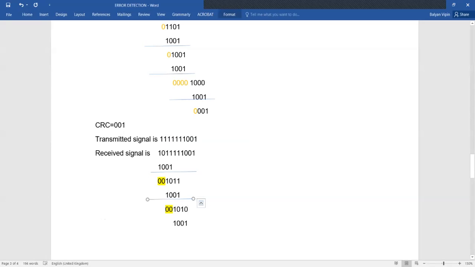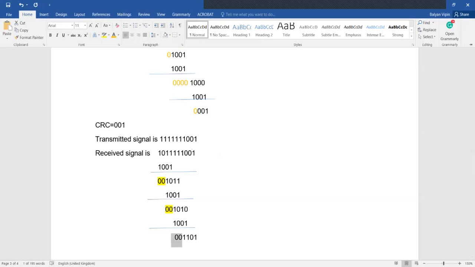So it's 1 0 1 0. So this is 0 0 1 and 1. We already took 1 0 from here, so what is left is a 0. You have to bring it down from here, and 1 also.